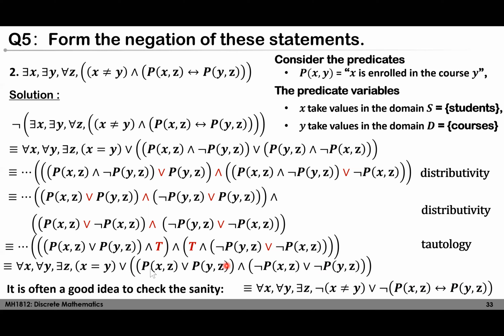So let's say an or form. So in this, we know when P of x, y takes the same value as P of y, z, so they are the same, we get P and not P. So we get a contradiction. So whenever P of x, y takes the same value as P of y, z, this is false. This is consistent with this, so this makes sense.